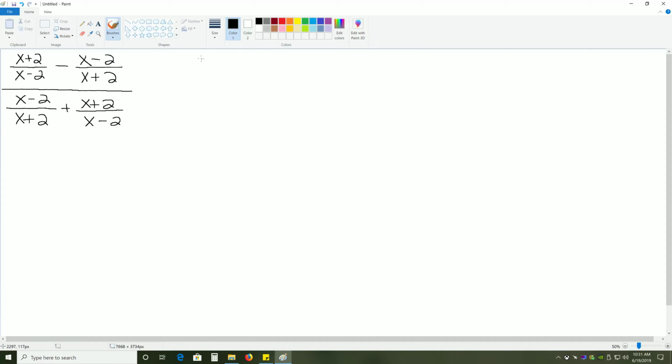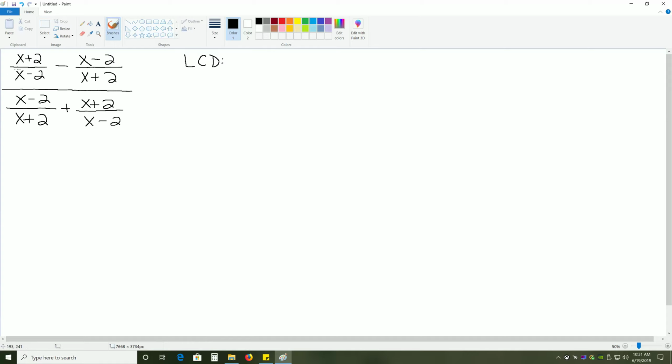So we're going to start by making a list for our LCD. We want to make sure that every single denominator is factored, and in this case x minus 2, x plus 2, x plus 2, and x minus 2 are all completely factored, so we can start using them for our LCD, or again, least common denominator.